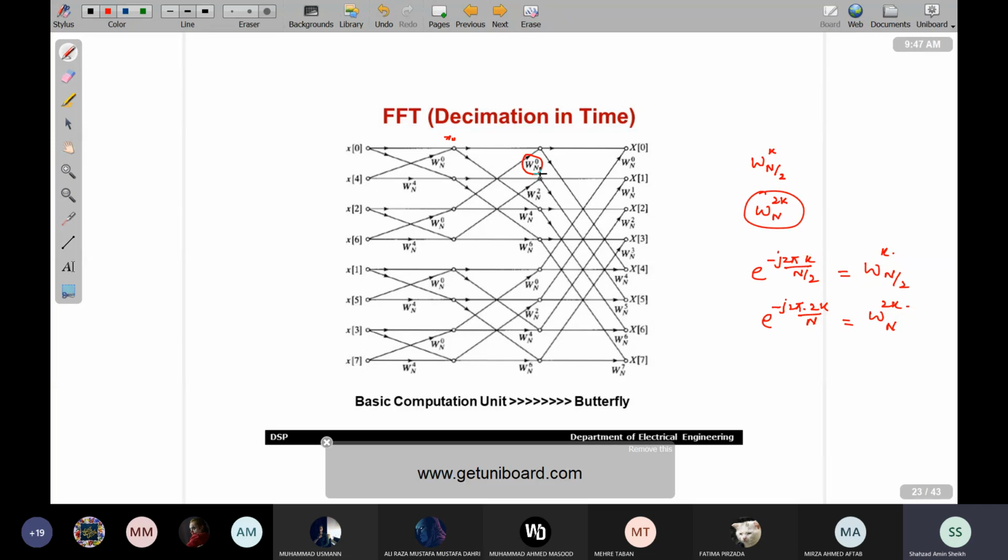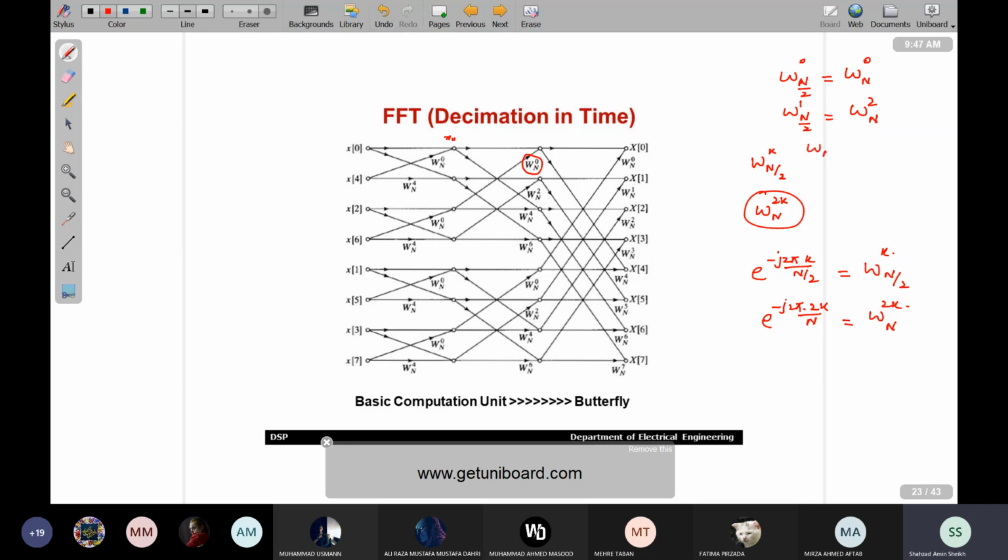So what's happening here in the n/2-point DFTs? For k equal to 0 it is W_{N/2}^0, which is actually equal to W_N^0. The 2 going up doesn't make any difference. The next term is W_{N/2}^1, because k is equal to 1 here, so this can be written as W_N^2.